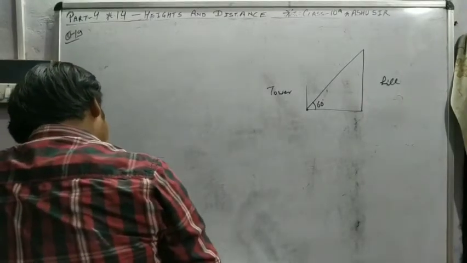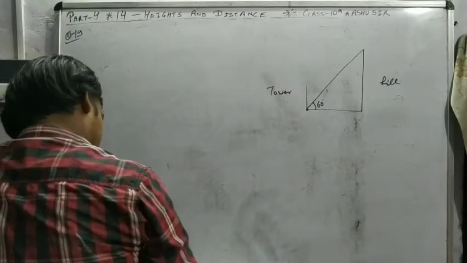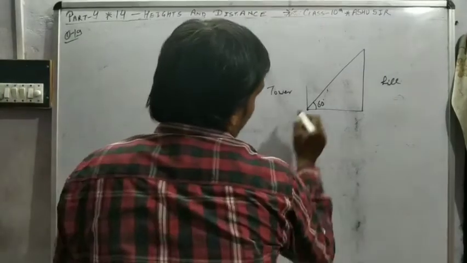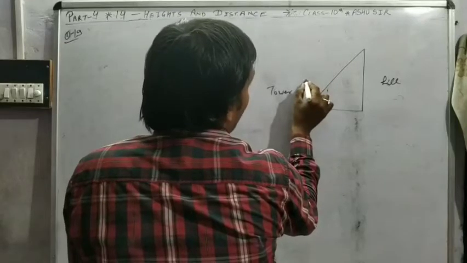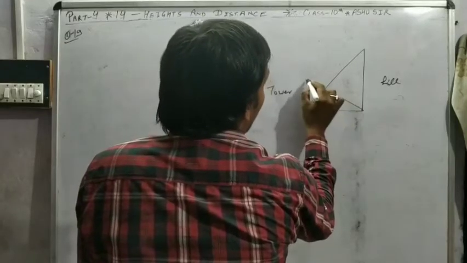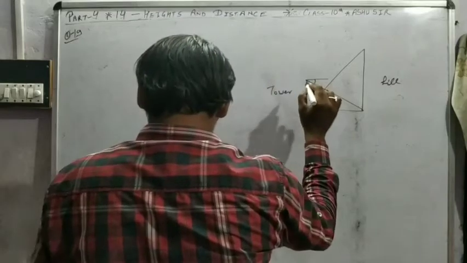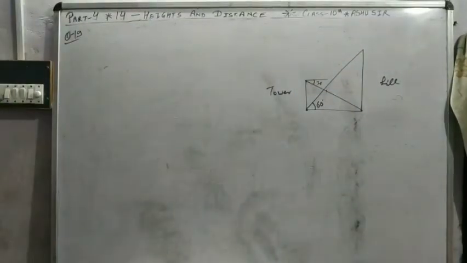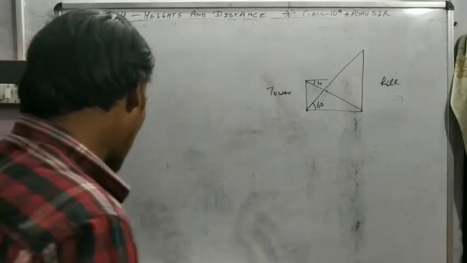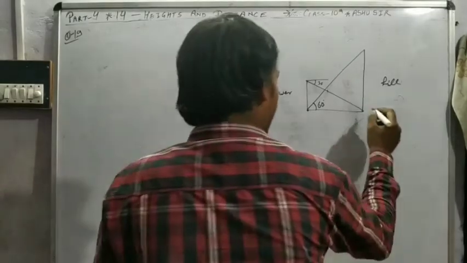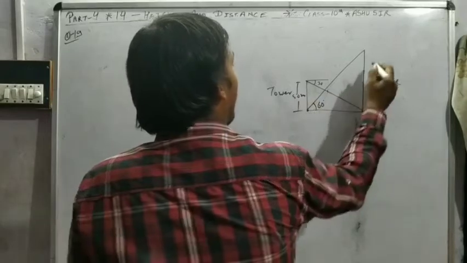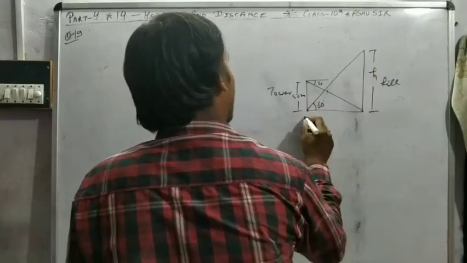And the angle of depression from the top of the tower to the foot of the hill is 30 degrees. The tower is 50 meter high. Find the height of the hill.